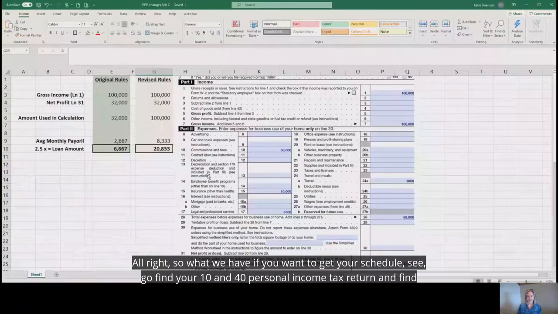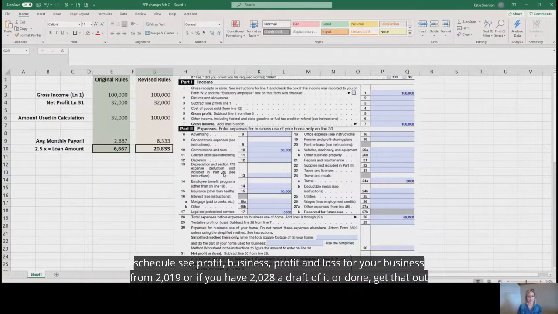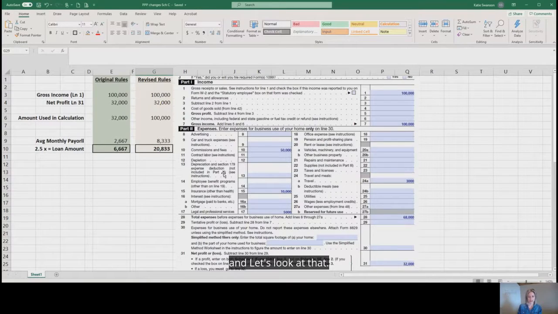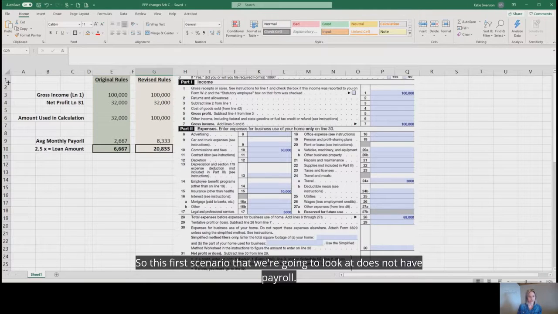All right, so if you want to follow along, go find your 1040 personal income tax return and find the Schedule C, profit or loss from business, for your business from 2019, or if you have 2020, a draft of it or the final, get that out and let's look at it. This first scenario does not have payroll.